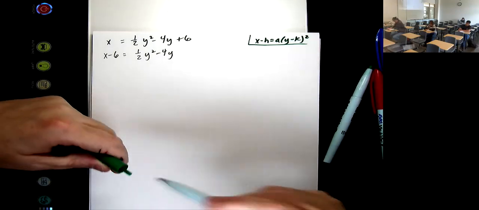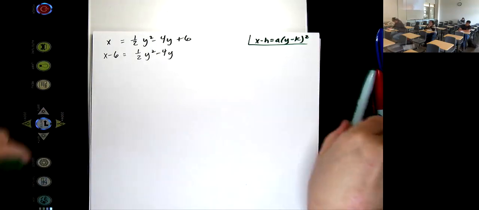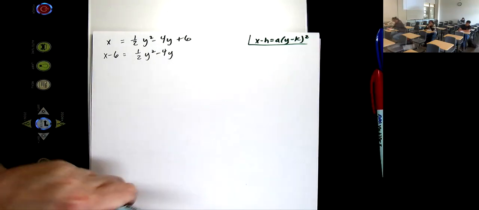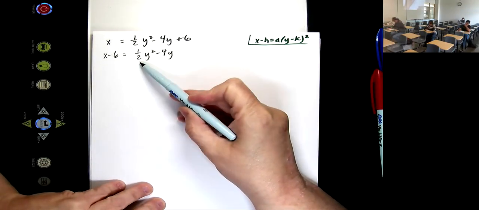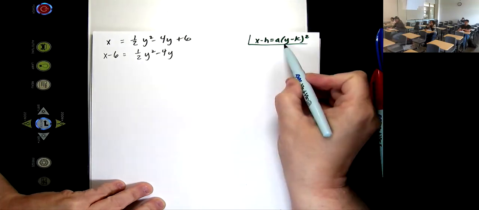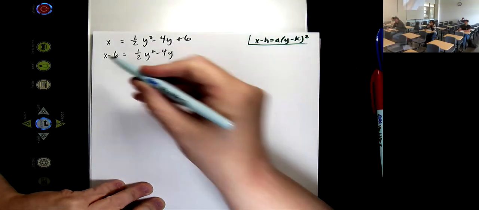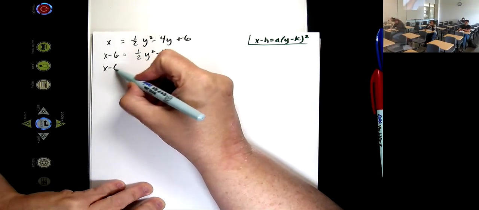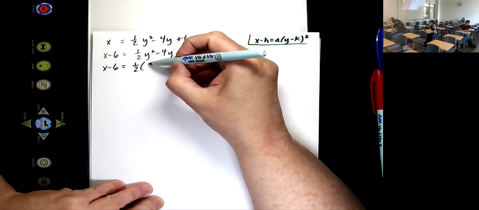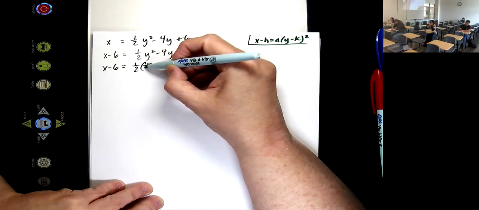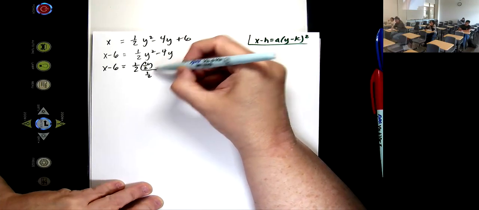So right now, I have a coefficient in front of y squared. It's the 1/2. I need to factor it out like it would be factored out here. So I'm going to factor out the 1/2. And you do that by effectively dividing everything inside by 1/2.